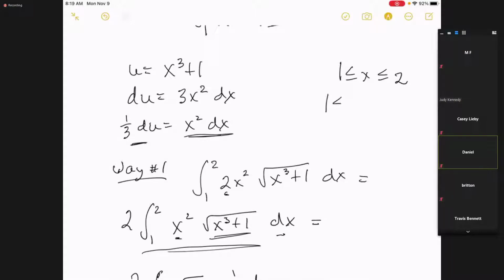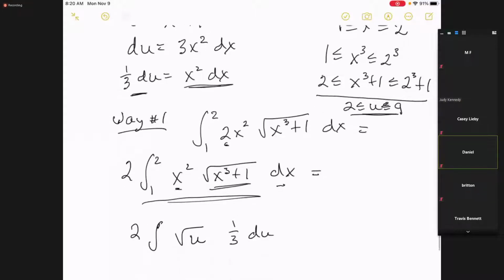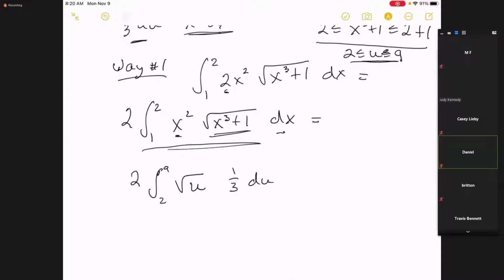So 1 is less than or equal to x cubed, which is less than or equal to 2 cubed. And then adding 1 to all 3 sides, my u endpoints are 2 and 9 instead of 1 and 2. 2 and 9.